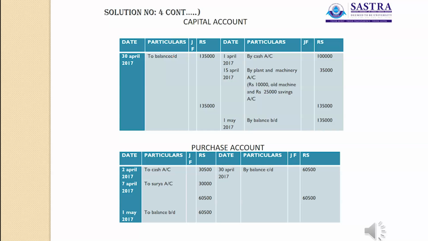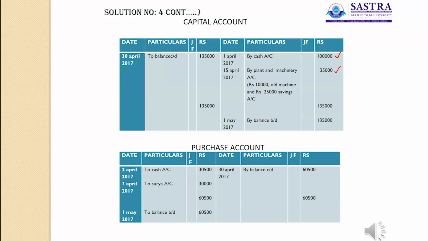The amount invested is rupees 1 lakh, 1st April 2017, so by cash account rupees 1 lakh. 15th April 2017, plant and machinery purchased in exchange of old machine rupees 10,000 plus savings amount 25,000, so totally 35,000.